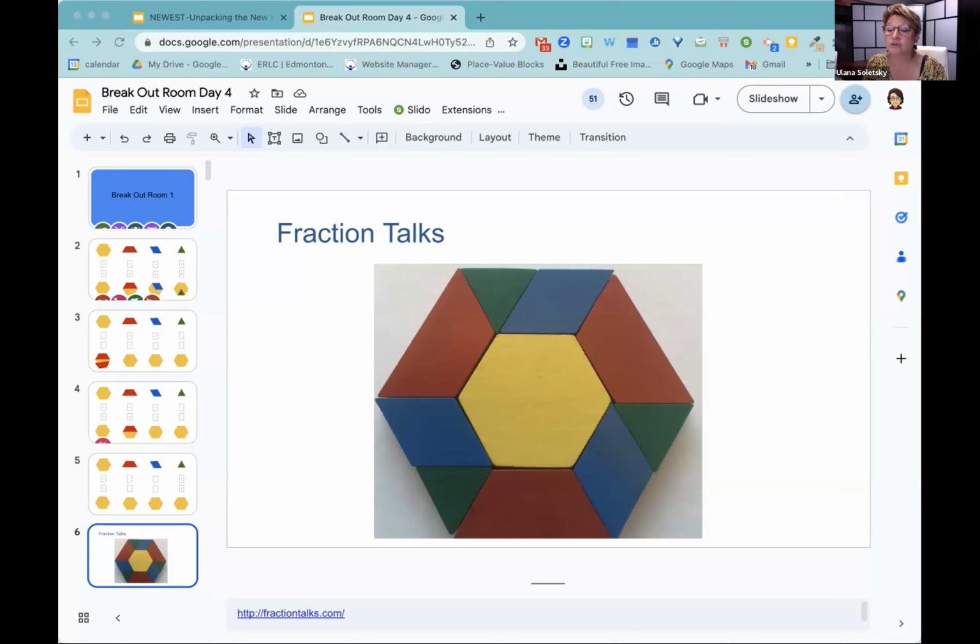As soon as you said breakout, did you notice about 4 people left?